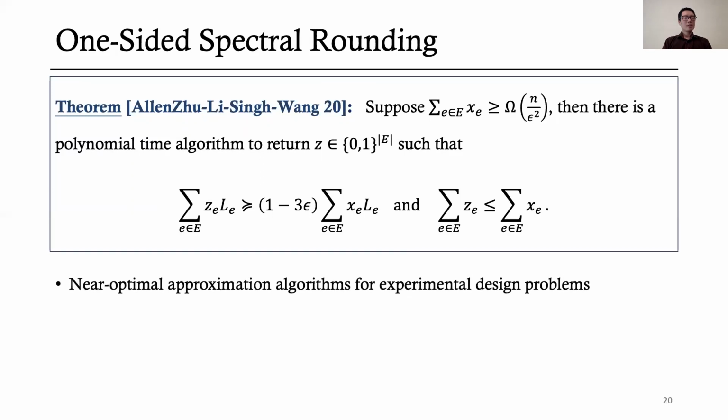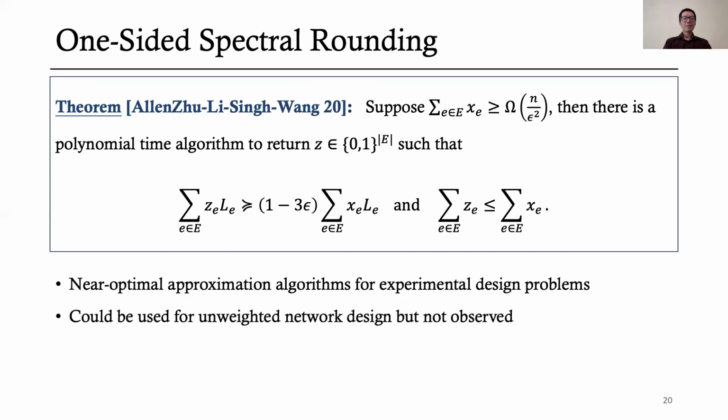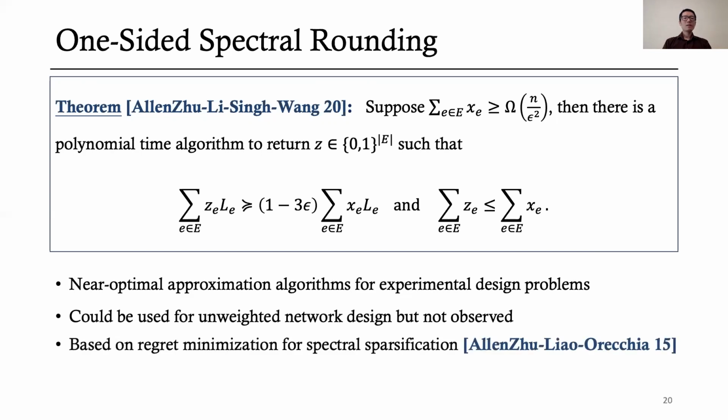They use this result to achieve near optimal approximation algorithms for many experimental design problems. And this result actually can already solve the survivable network design problem with uniform edge cost. But the connection was not established before. And this result crucially relies on a regret minimization framework developed for spectral sparsification.